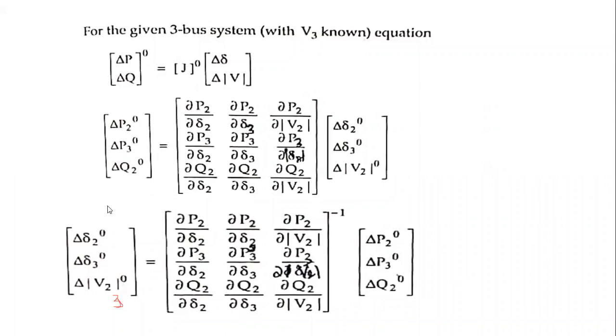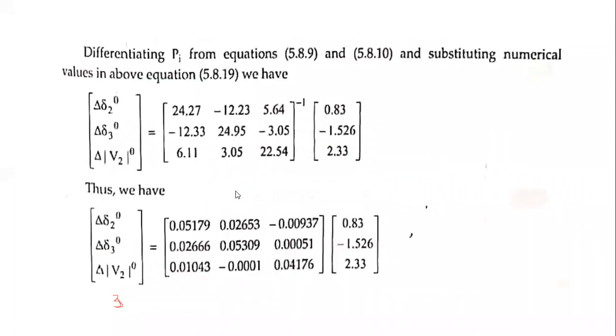After determining this Jacobian matrix, we take the inverse matrix for this, and then we specify these terms. Okay, this is the procedure for finding the delta values and voltages by using the Newton-Raphson method.